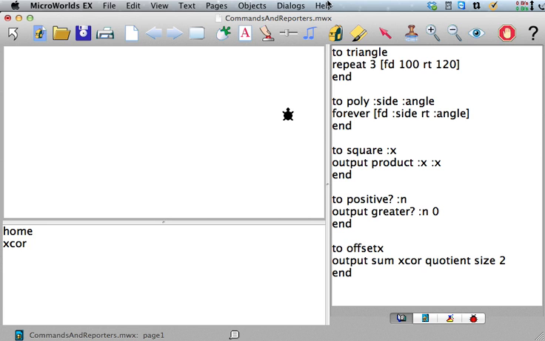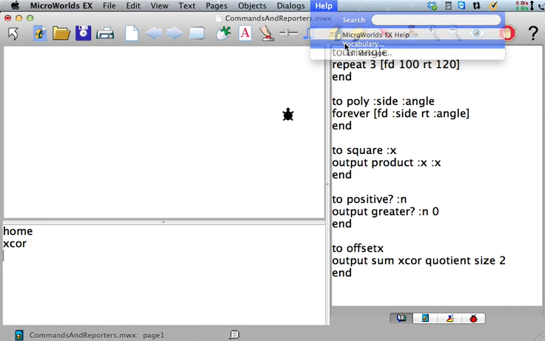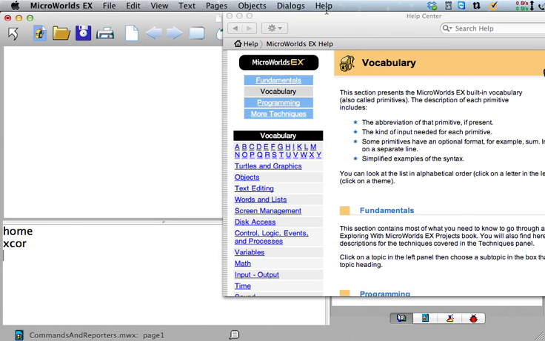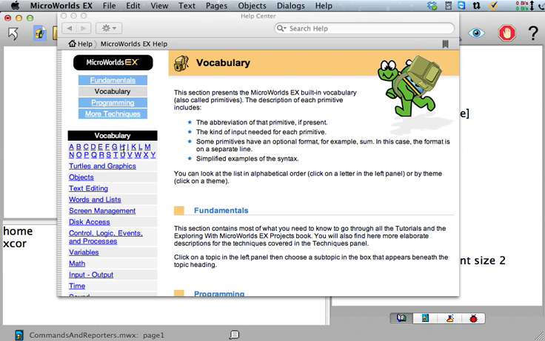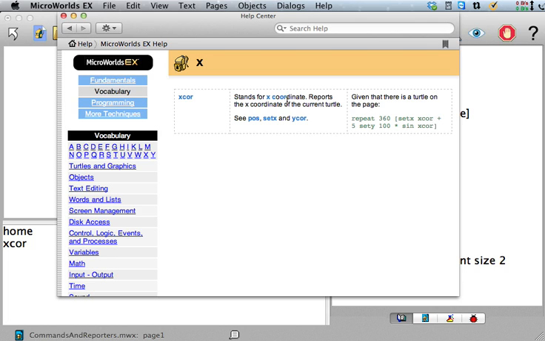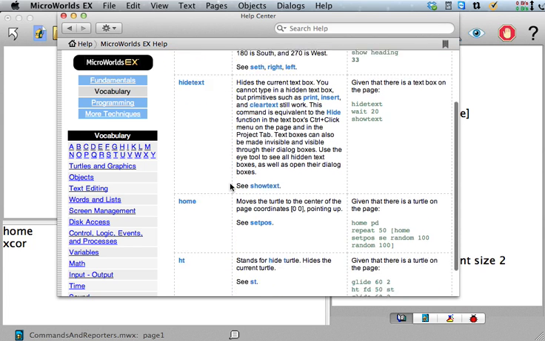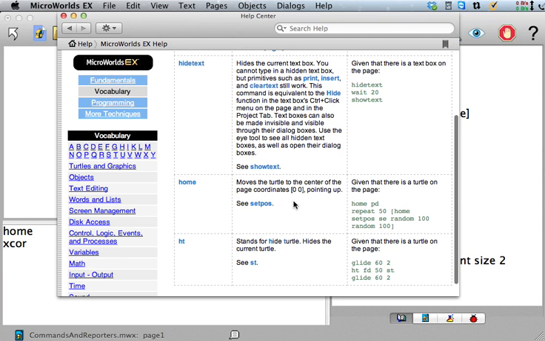We also saw that when we look them up in the vocabulary, xcor says it stands for x coordinate, reports the x coordinate of the current turtle. So it's reporting something. But if we look at home, it says moves the turtle to the center of the page.